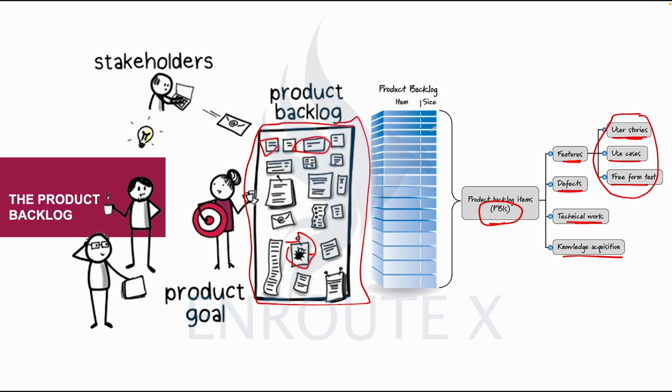So just note that the product backlog contains product backlog items. All the work that needs to be done to deliver a functional product is the product backlog itself. So let's go further.